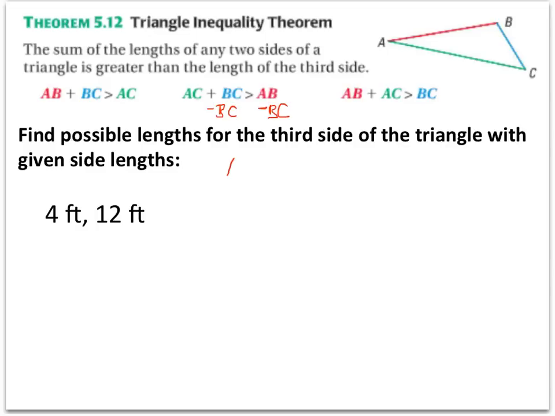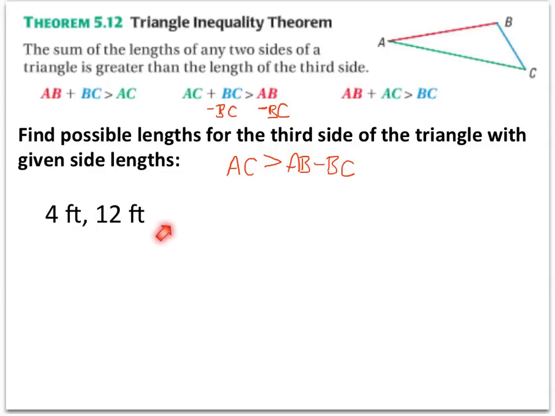And what this gives me is that AC is greater than AB minus BC. So notice what we have here. The sum of two sides is greater than the third side, and the difference of those two sides is less than that third side. We can use this property.